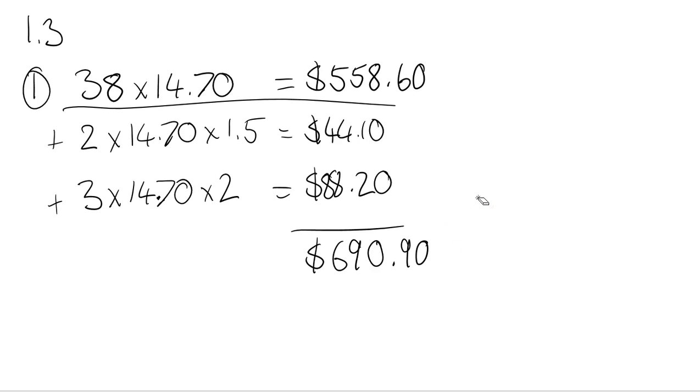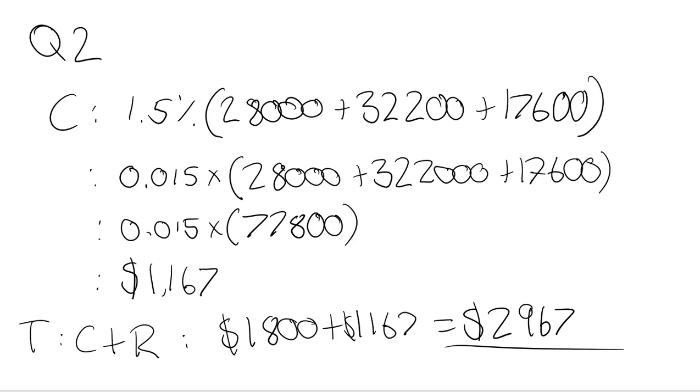So, now question 2. Brian works as a second-hand car salesperson. He's paid a retainer of $1,800, and he gets paid 1.5% for every car he sells. So he sold a Commodore for $28,000, a Captiva for $32,200, and a Cruise for $17,600. How much will he be paid? So we've got 1.5% times these three amounts.